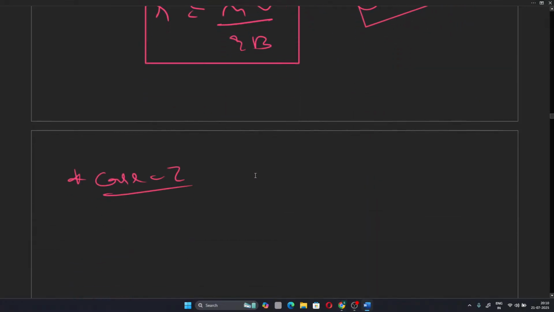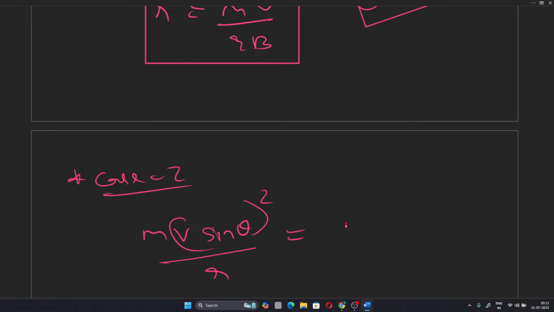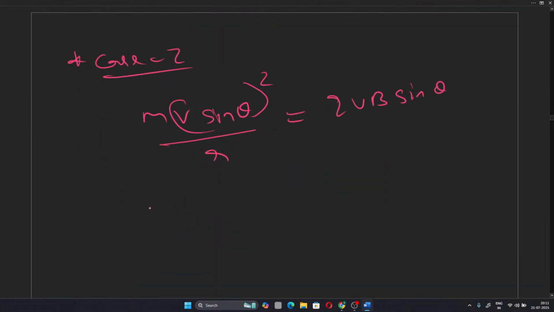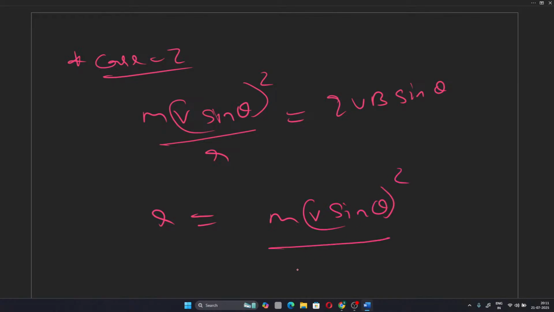In case 2 it will be m (v sin theta) whole square by r, which equals q v B sin theta, where r equals m (v sin theta) whole square by q v B sin theta.